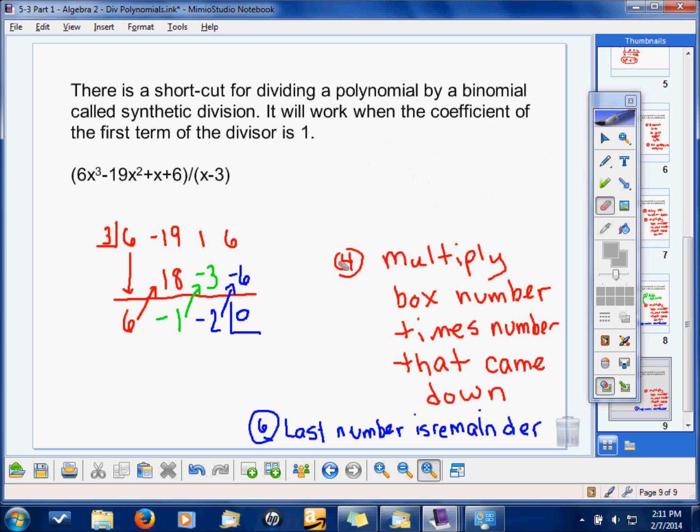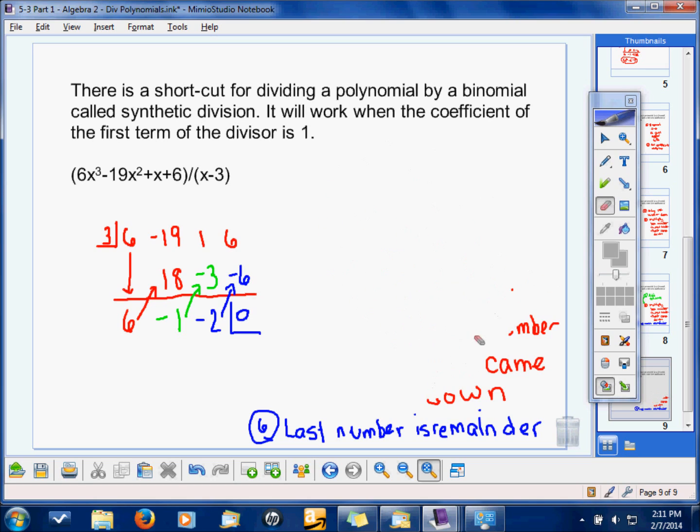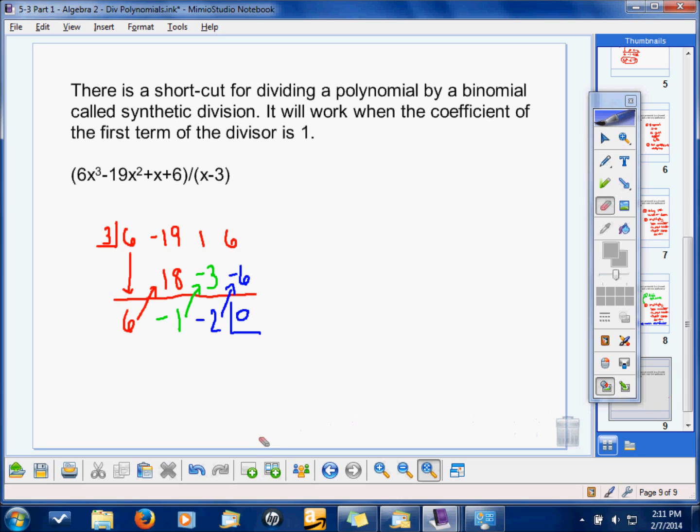So far, we don't even have an answer yet. But we have numbers that are going to be put into the answer. Those of you that were here yesterday, I did it super fast just to show you. But what we can do here is we take a look at these. These are the coefficients of the answer polynomial. Okay, what step were we up to? 7? Yes. Step 7.